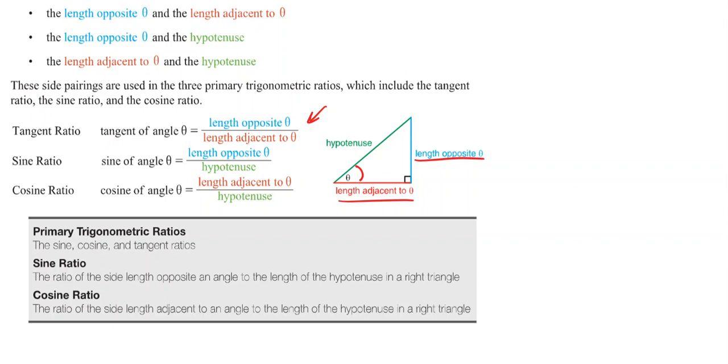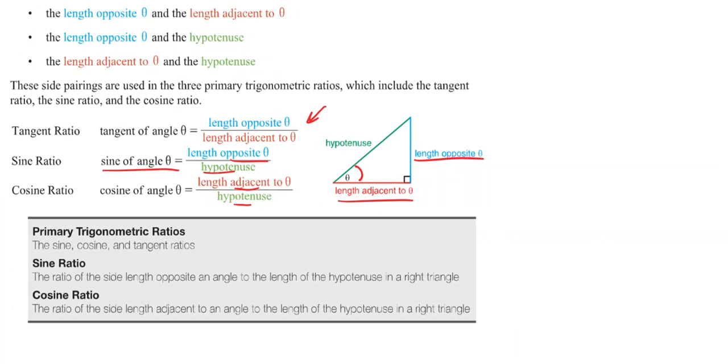Now the new ones we're bringing in: the sine of the angle is going to be the length of the opposite side over the hypotenuse, and the cosine of the angle is going to be the adjacent over the hypotenuse. That's really it. We're just changing up what the ratio actually is. You guys actually have this on your formula sheet too, so you'll always have that.